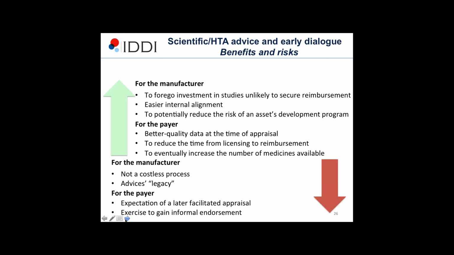Beyond gaining a reimbursement agency's insight on the strategic development plan and optimizing the evidence generation program accordingly, other more subtle factors for the manufacturer could be an expectation of a later facilitated, maybe technology appraisal, the collection of an informal endorsement on the evidence program, or of the agency perspective on the development program, regardless of the intention to access that specific market.